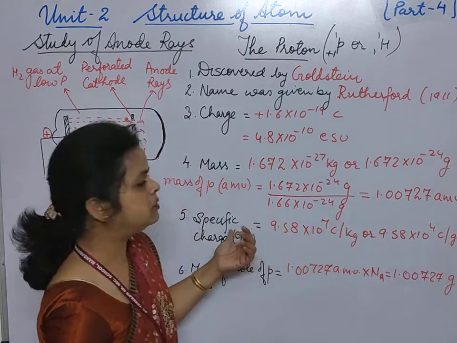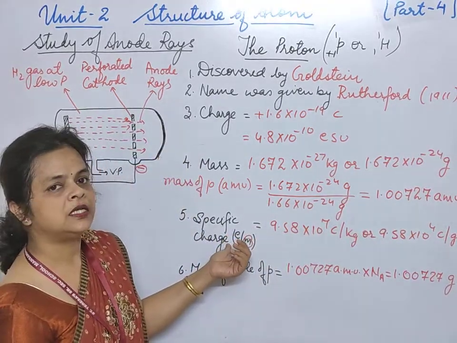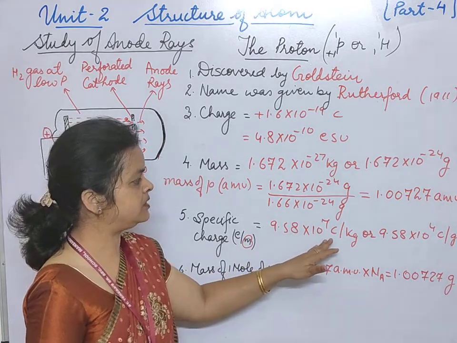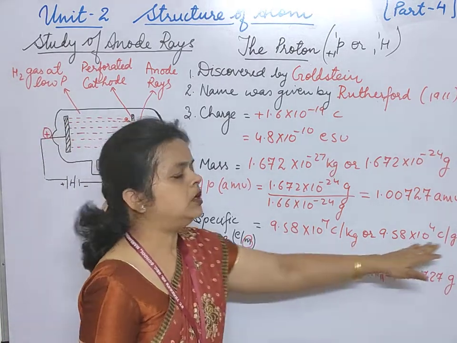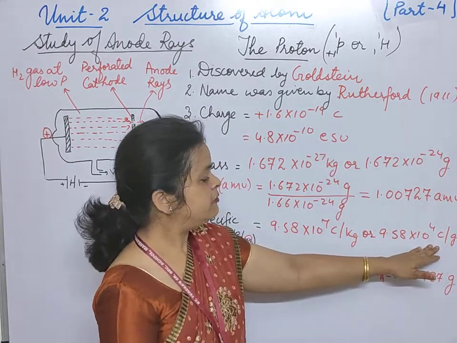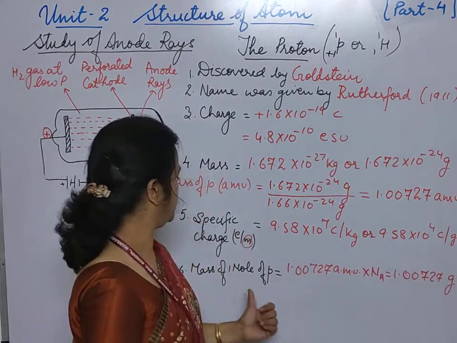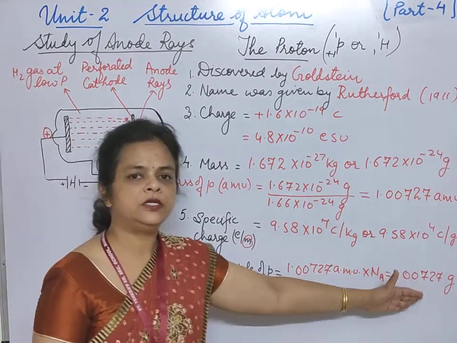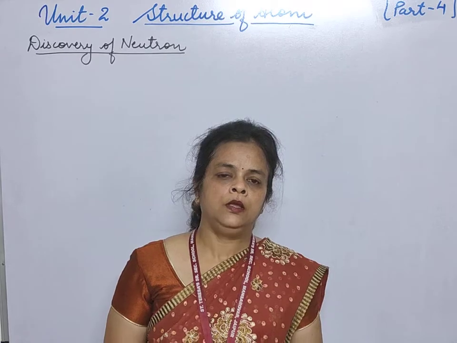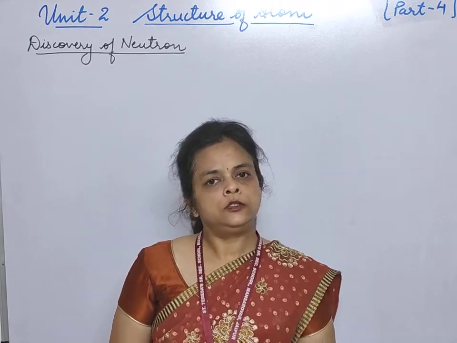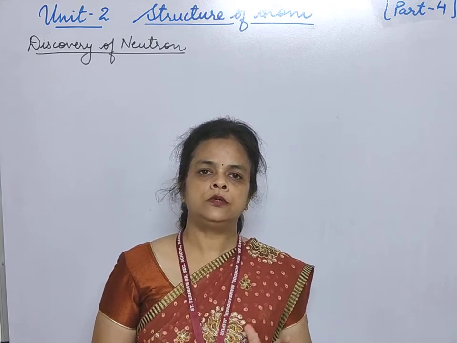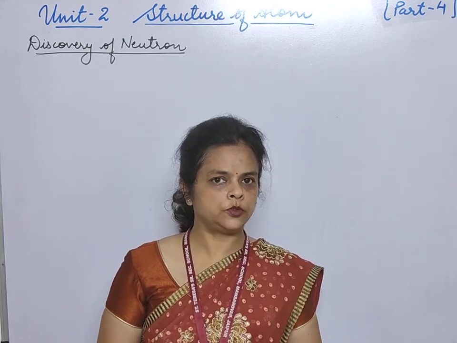Then we have discussed about the specific charge, that is the E by M ratio, 9.58 into 10 to the power 7 coulomb per kg, or in terms of gram it is 9.58 into 10 to the power 4 coulomb per gram. Okay, mass of 1 mole, it will be 1.00727 grams.